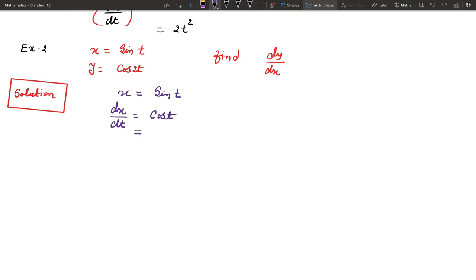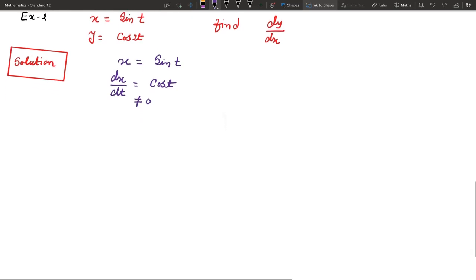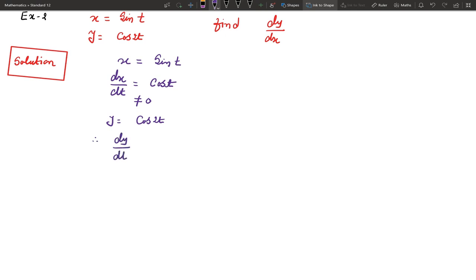It will be in the denominator, so we have to put condition not equal to 0. y equal to cos 2t, therefore dy by dt, derivative of cos, minus sin 2t into, by chain rule, d by dt of 2t.